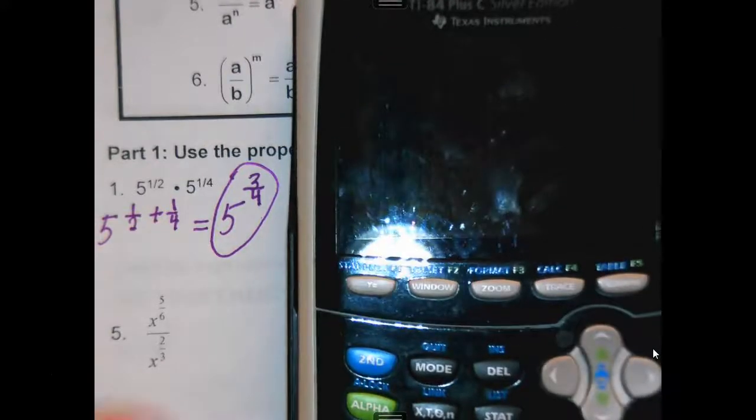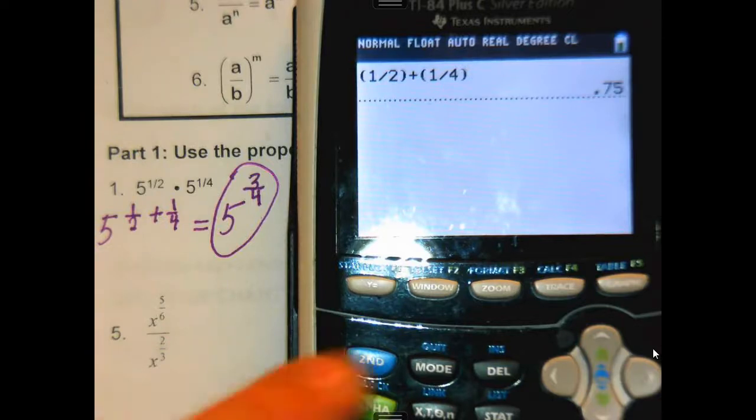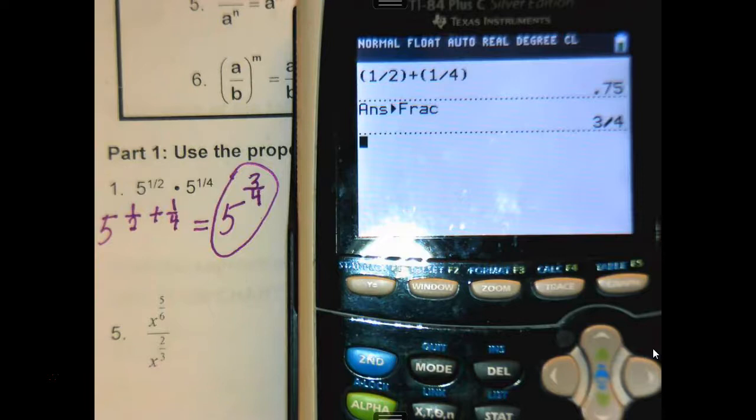So I have 1/2 plus 1/4. Now, back in the third grade, fourth grade, when did you guys do fractions?